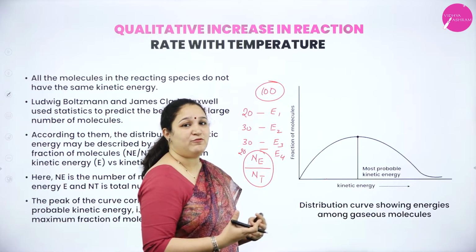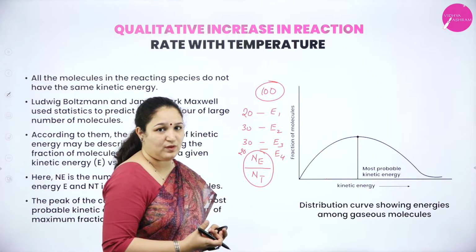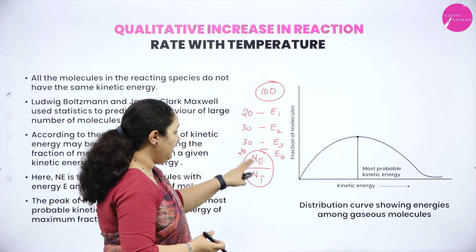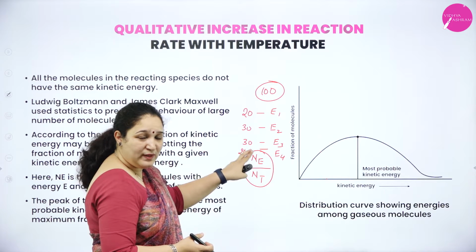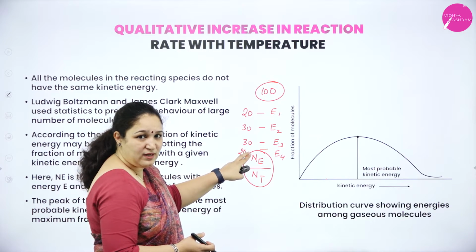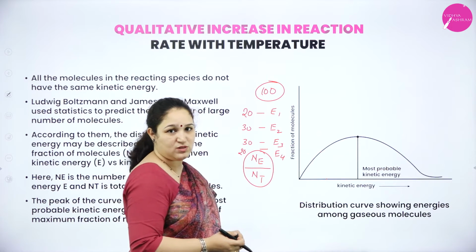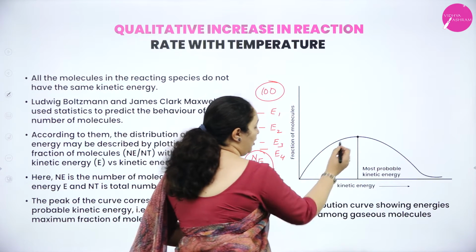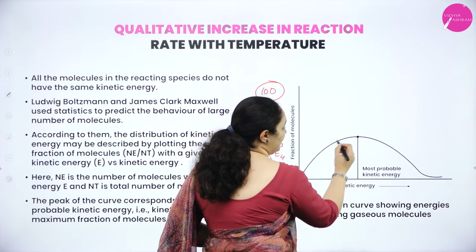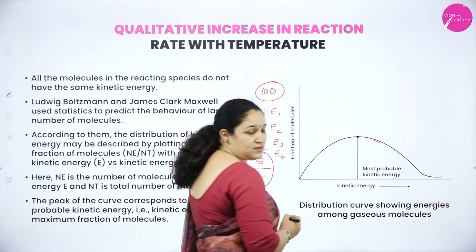What do you mean by fraction of molecules? So what is Ne? The number of molecules with one particular energy divided by the total number of molecules gives us the fraction of molecules. When they plotted that fraction of molecules against different kinetic energy, they got a graph like this.